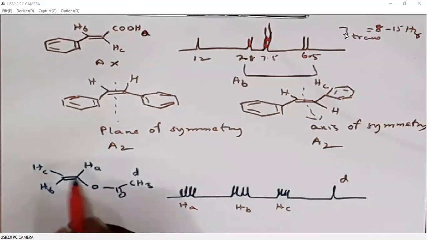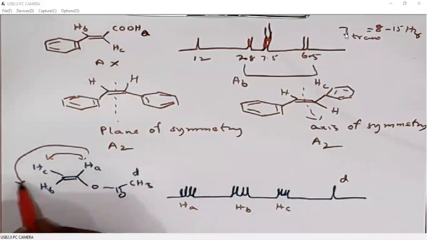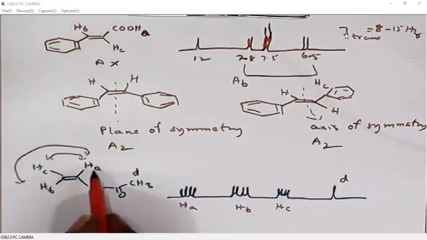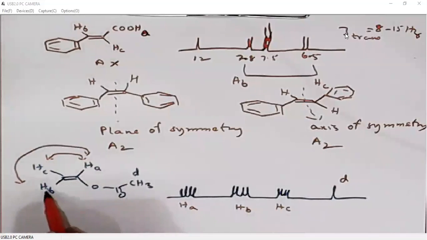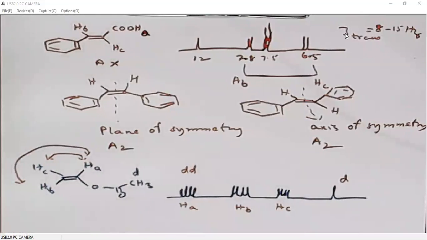Now look at this. Ha has cis coupling and trans coupling, so that is why it's a multiplet. It is a doublet because of Hc, then the doublet is again divided by Hb. So it is a doublet of doublets.